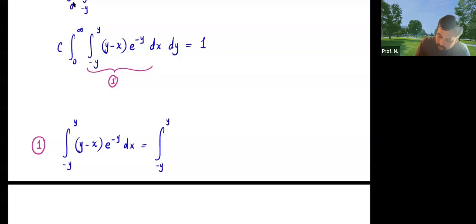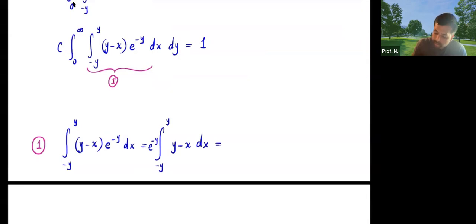You can take out the e to the negative y, because this integral is with respect to x. So e to the negative y can be placed in front, and you get y minus x dx.